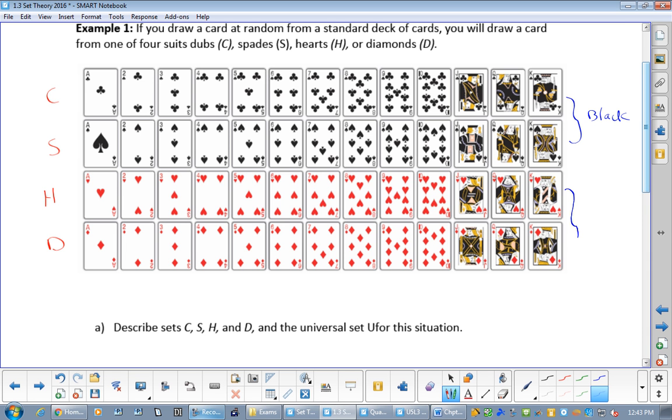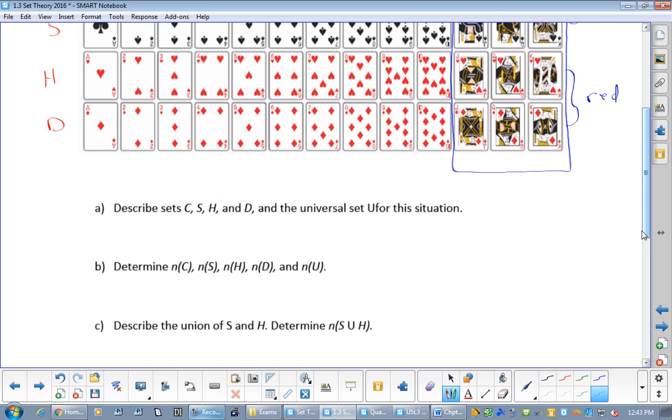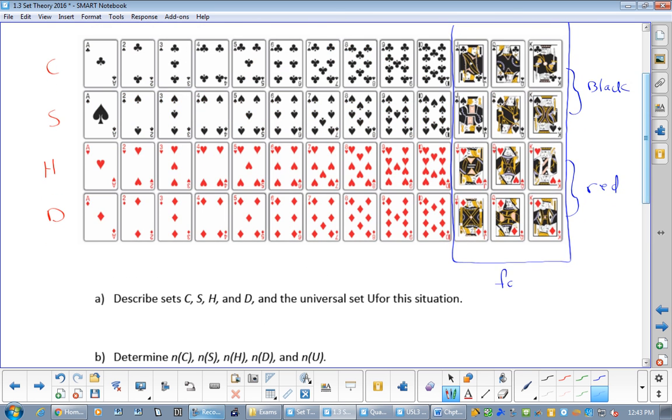These will always be considered the red cards. And just to give you a few more things they'll throw out at you, these are called the face cards. Why? Because they have faces on them. So they'll mention face cards. That's your Jack, Queen, King. Okay? Royal family.